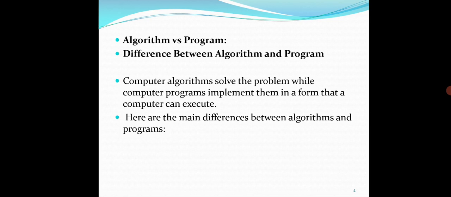What we write in the algorithm is only for human purposes, not for the computer. A program is step-by-step instructions implemented for solving the problem by the computer system. It must be understandable by programmers and also the computer.